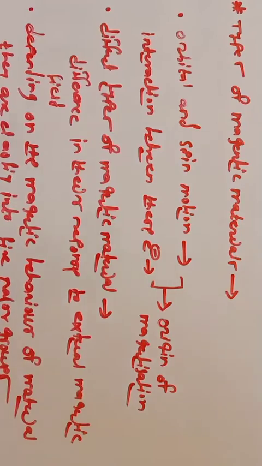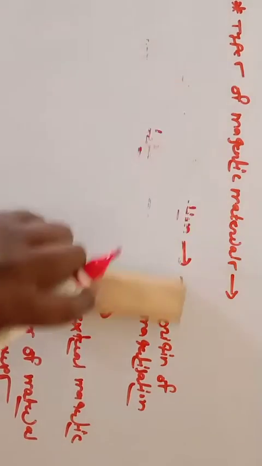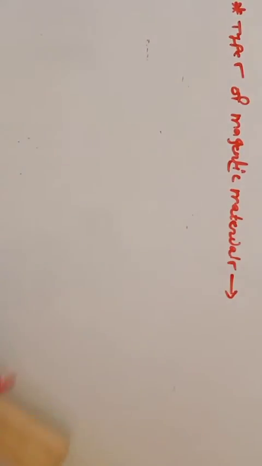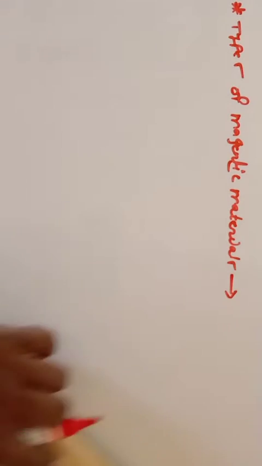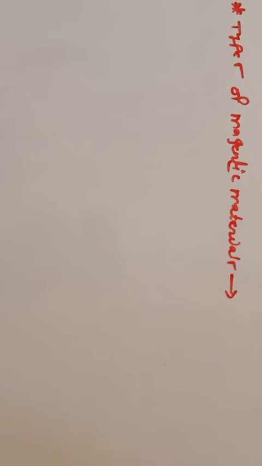That is, first one, diamagnetic material. Second, paramagnetic material. Third, ferromagnetic. Fourth, ferrimagnetic. And the last one is antiferromagnetic material.